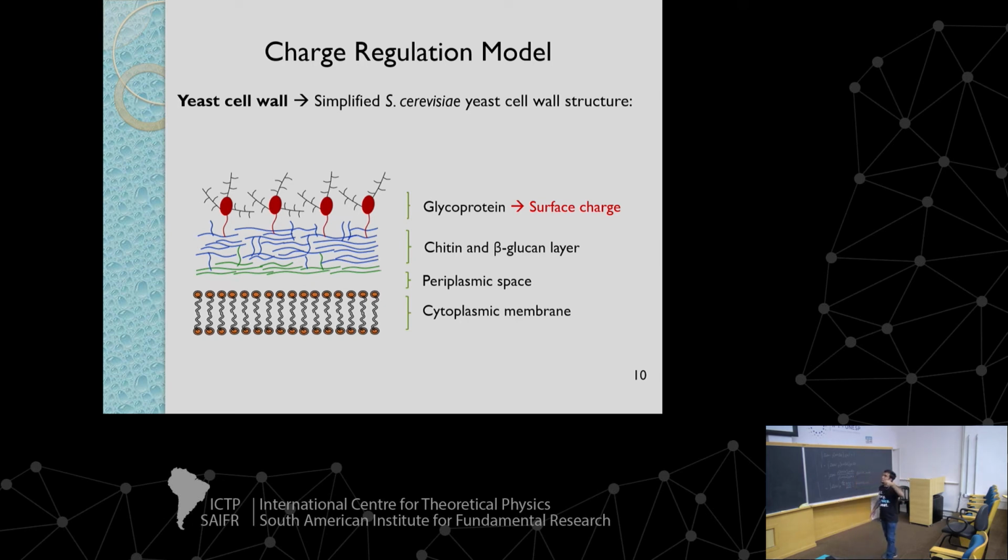You probably know much better than me. Periplasmic space, chitin and beta-glucan layer, and a glycoprotein layer where the surface charge is located. So these glycoproteins are protonated or deprotonated, so they can be ionized, they can be charged. So here we try to calculate its charge.